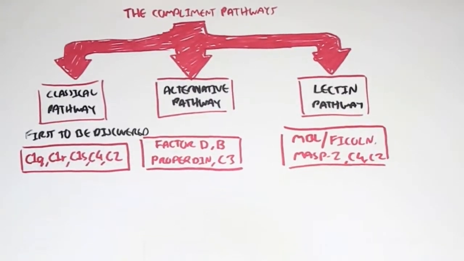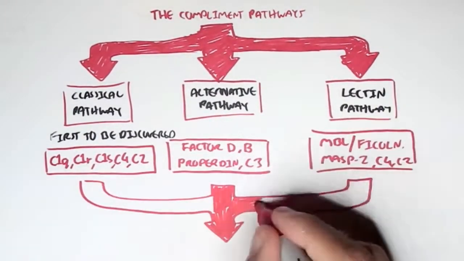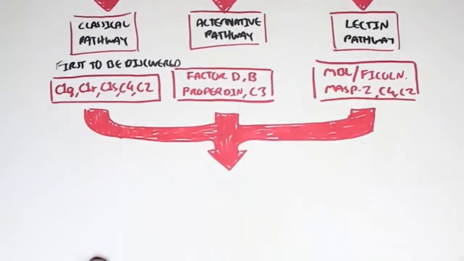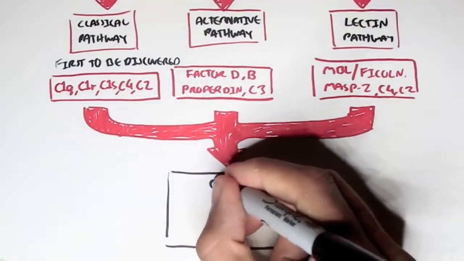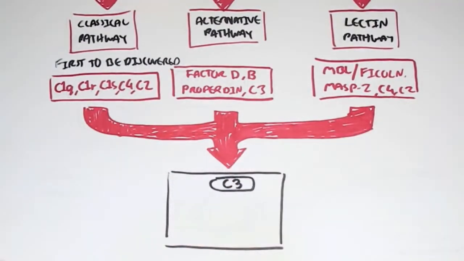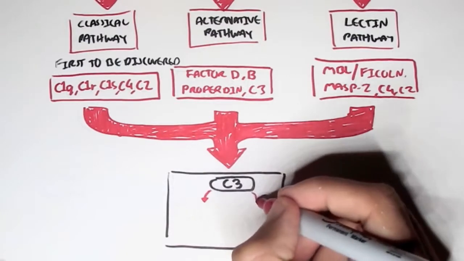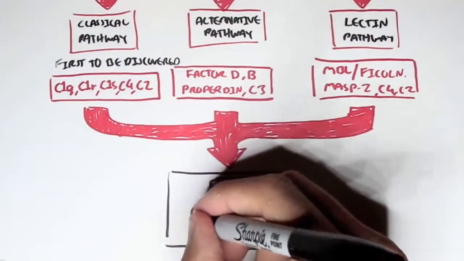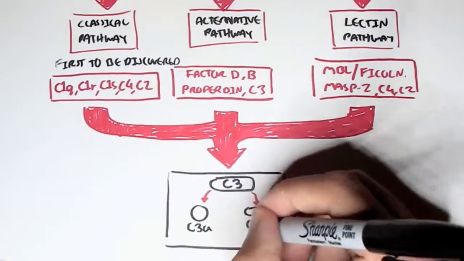But what is important to know about this small diagram is that in the classical pathway, the alternative pathway, and the lectin pathway, all these proteins will essentially help in splitting or activating complement protein 3 to make C3a and C3b.